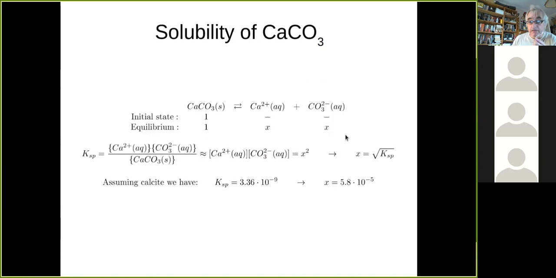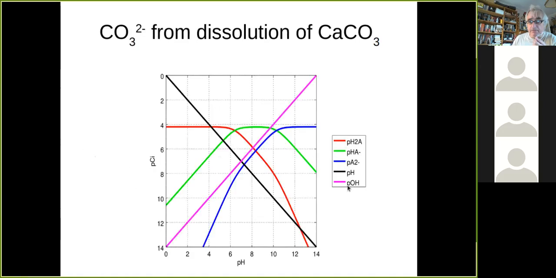And 5.8 times 10 to the minus 5, if you take the logarithm of that, that is slightly less than minus 4. And then you take the minus logarithm, so you get something like 4.2. So this is one of these logarithmic diagrams when you have dissolved calcium carbonate in pure water, and assuming that nothing else happens.